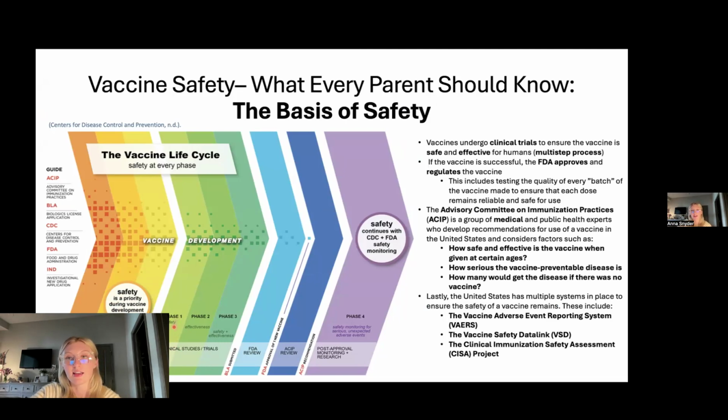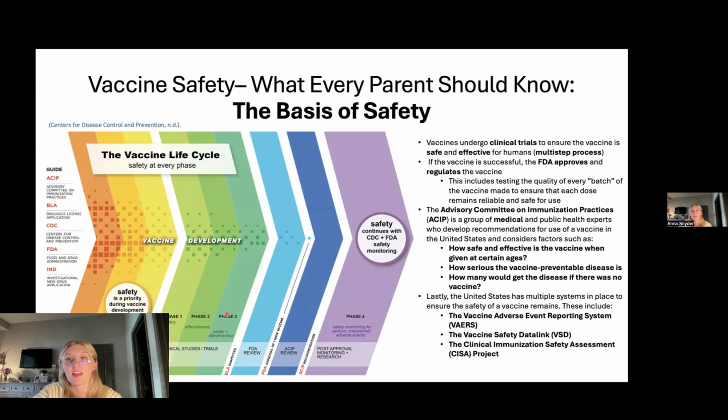Phase one looks at, is it safe for humans? Phase two looks at, is it effective in humans? And then phase three will take a large amount of people and they'll look at the safety and effectiveness of the vaccine.